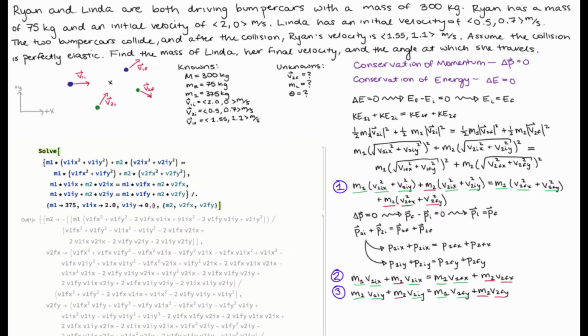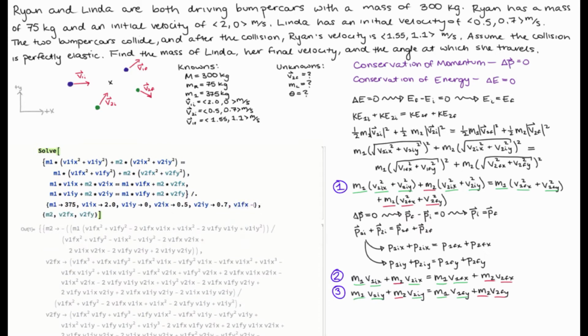We will input that M1 will be evaluated with a value of 375, V1 initial X 2.0, V1 initial Y 0, V2 initial X 0.5, V2 initial Y 0.7, V1 final X 1.55, V1 final Y 1.1.